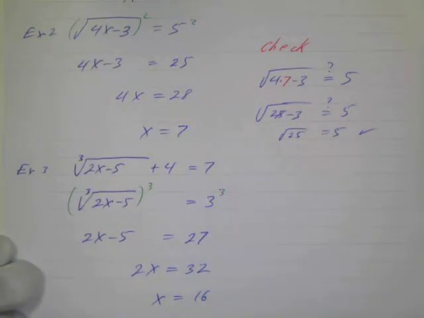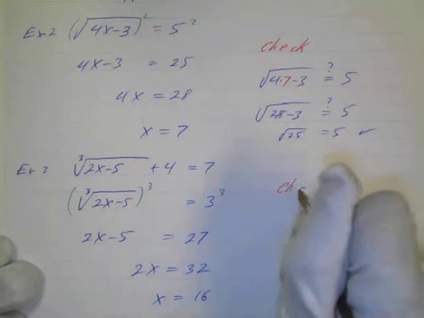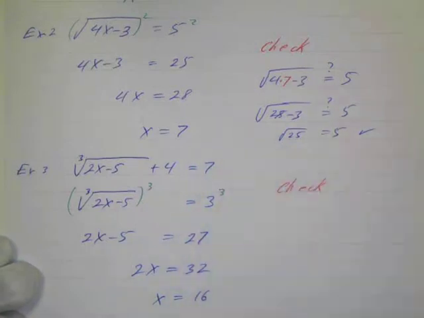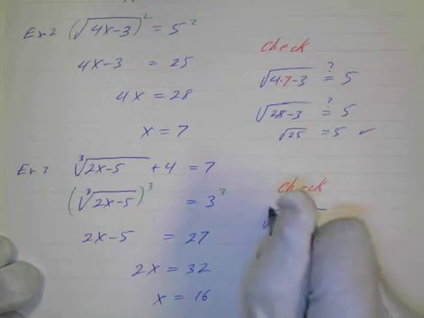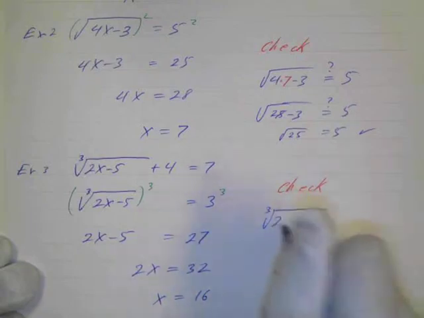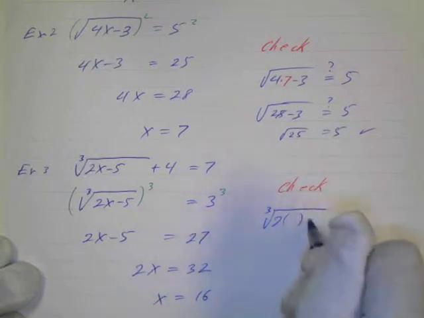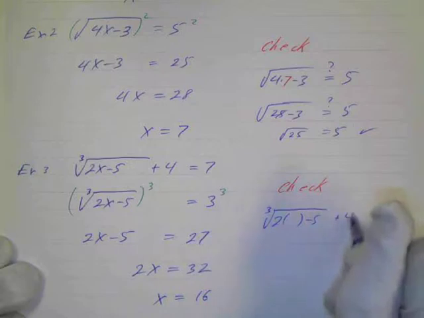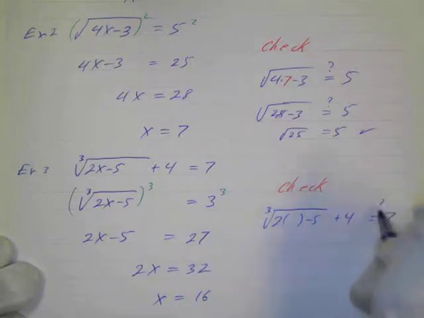So I'll just check it over here. Here's my check. I've got the cube root of 2 times x minus 5, plus 4. Does that equal 7? And my x is going to be 16.